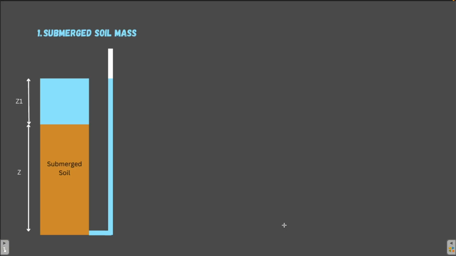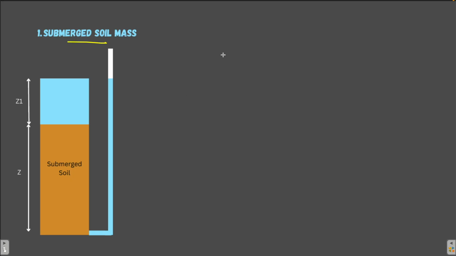The first condition of the soil is the submerged soil mass, and this is going to be really very important. Submerged soil mass is the soil mass under the groundwater table, completely submerged in water. There's a difference between the submerged soil mass and the saturated soil mass, and I'll tell you the difference.